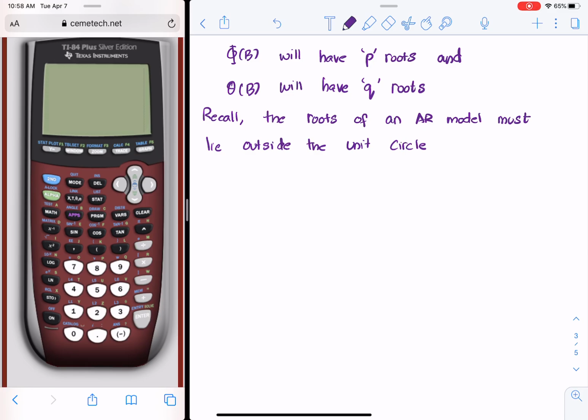The roots of the polynomial for an AR model must lie outside the unit circle, which would imply stationarity.